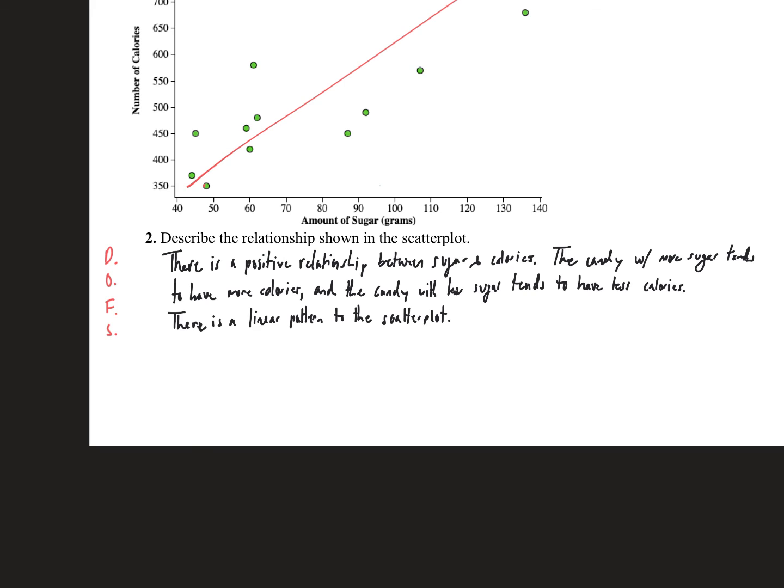So I'm saying this was a moderate strength, because the points are somewhat scattered or vary somewhat from the pattern.